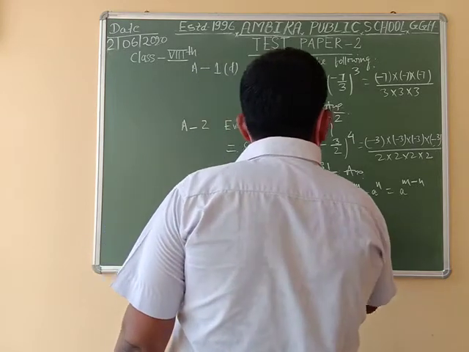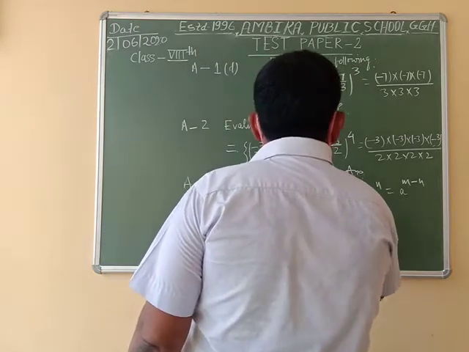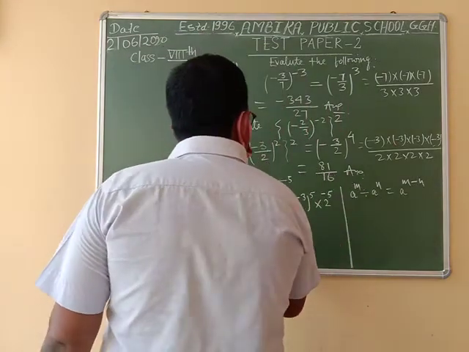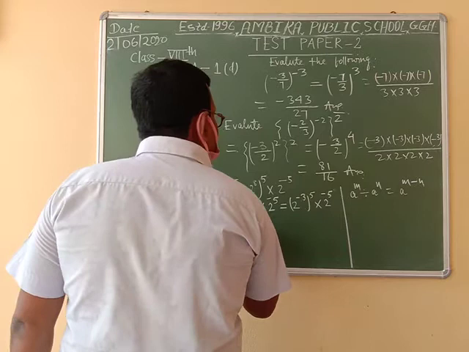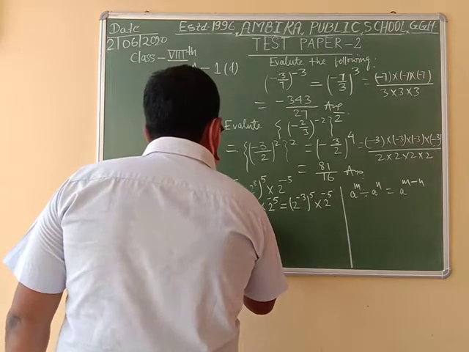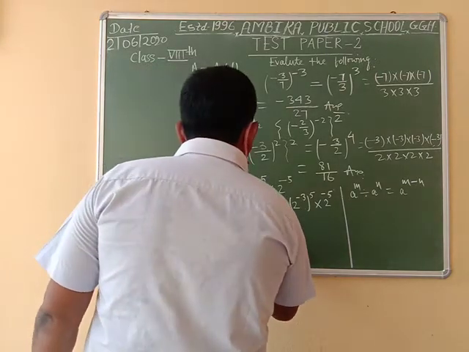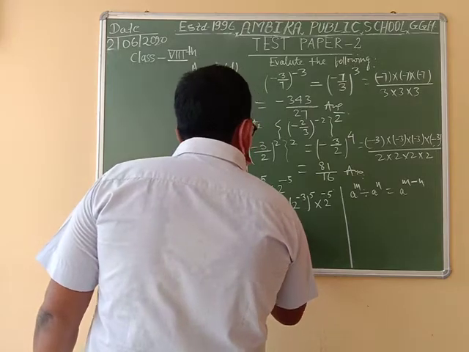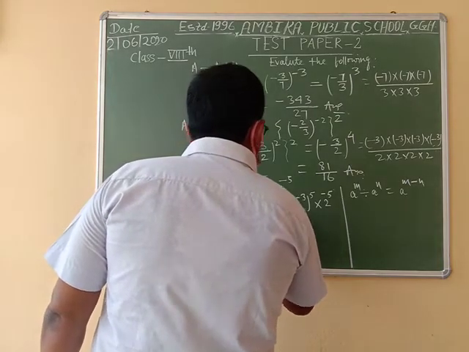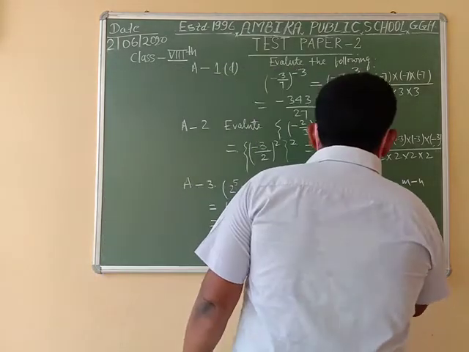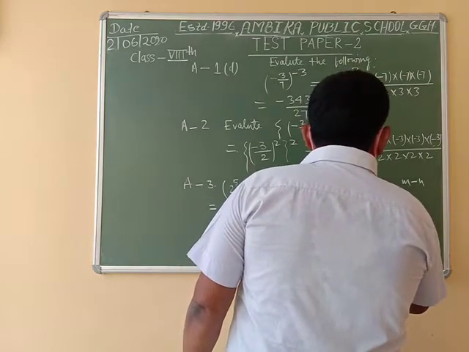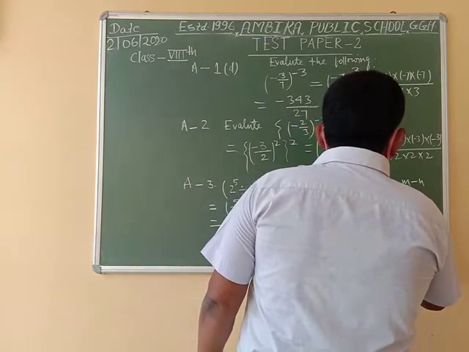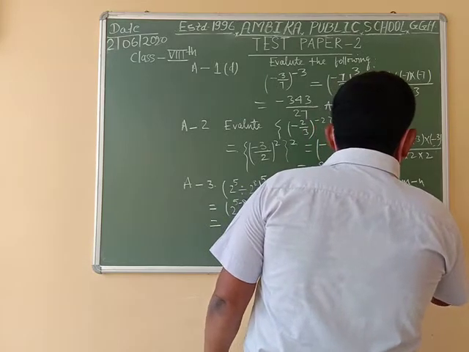This is equal to, we can write, 2 to the power minus 15 into 2 to the power minus 5, and using this formula, a to the power m into a to the power n is equal to a to the power m plus n.